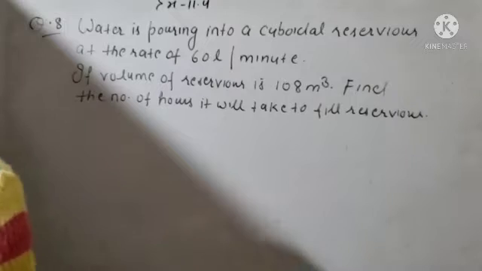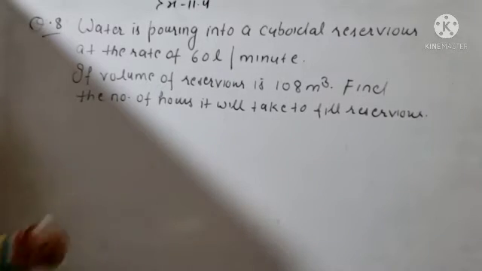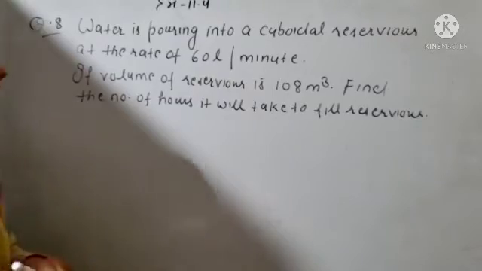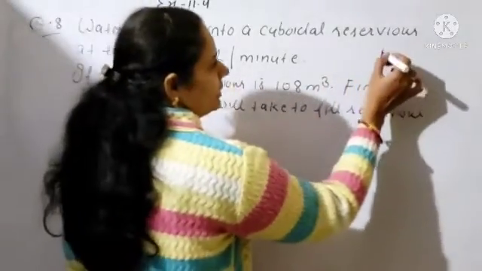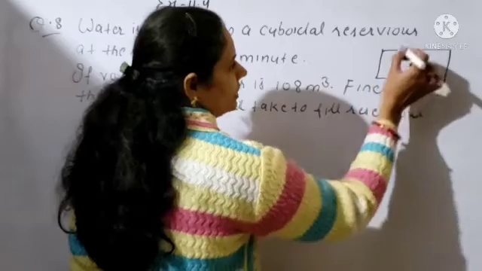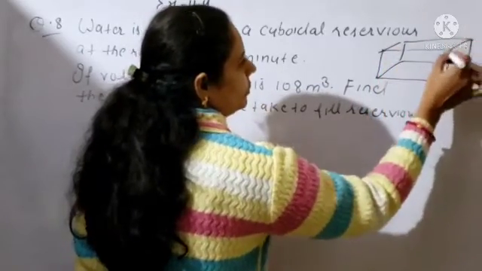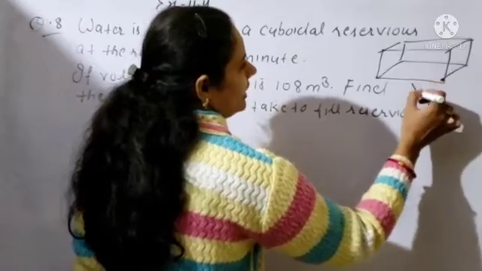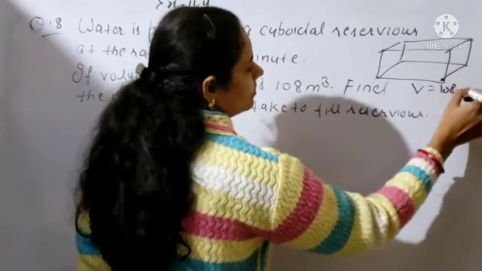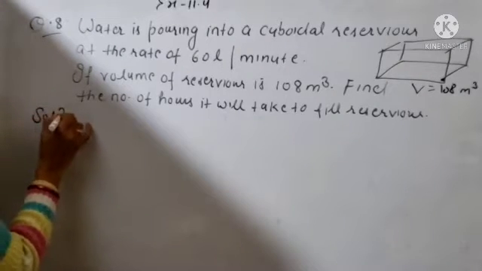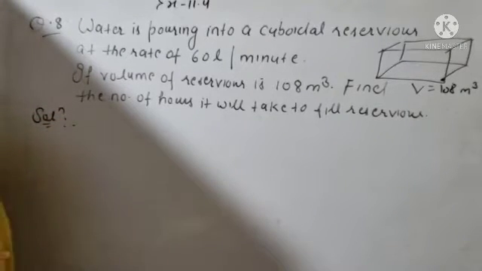Water is pouring into a cuboidal reservoir at the rate of 60 liter per minute, and the volume of the reservoir is given 108 meter cube, and the reservoir is cuboidal. Clear? So simply you will write the solution. In how many hours will it fill?